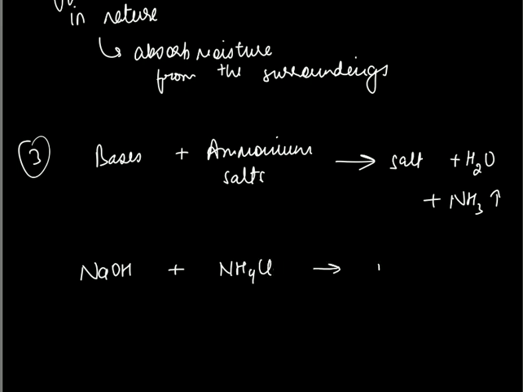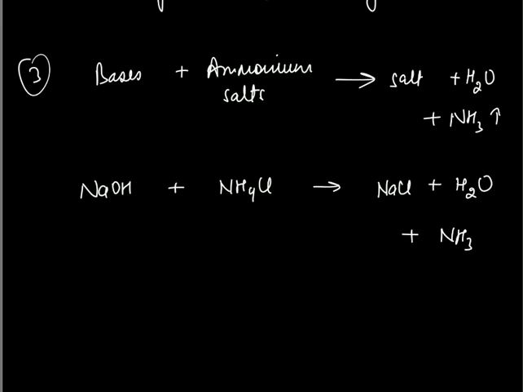It's going to form NaCl, water, and ammonia gas. We need to remember that if you're taking ammonium salts along with bases, ammonia gas is definitely going to be released, okay? It's a double displacement reaction. You're getting salt and water, but additional ammonia is also released because you have taken an ammonium salt.